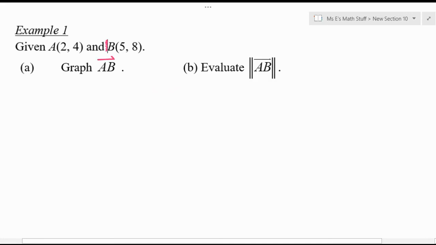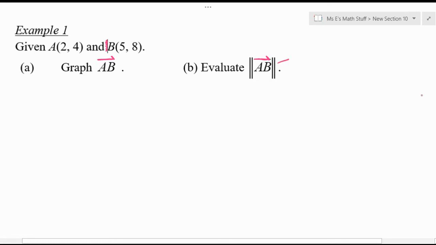When you handwrite it, it's like the segment symbol, but with a little extra half arrow tip on the end. So see if you can figure out, based on the definition that we just showed you, how to graph vector AB. And then from there, see if you can figure out how to use the definition to evaluate the magnitude of vector AB, okay?